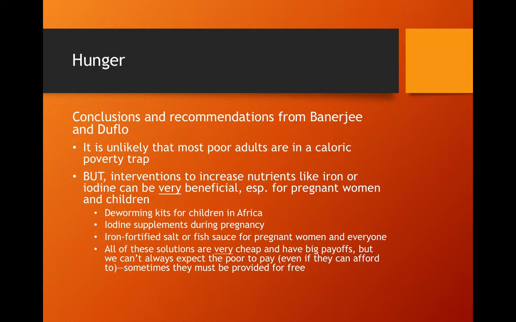That's easier for us. And so that's a justification that Banerjee and Duflo give for maybe providing this fish sauce for free. Maybe that's the intervention that should be done. Provide free iron-fortified fish sauce because people are not going to buy it on their own necessarily. And it has this big effect on the quality of people's lives, on their health and their earnings, and it's fairly cheap. So it seems like a safe bet.